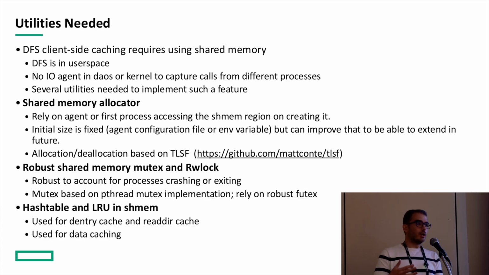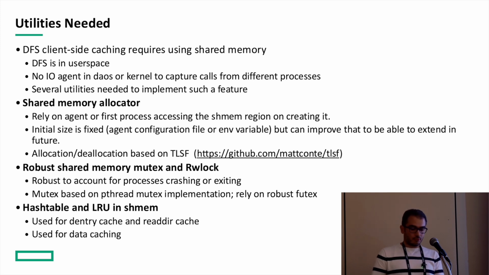The idea is to have the DAOS agent first create the shared memory region when it starts, and destroy it when the agent exits. Today, the implementation actually has the first process accessing it create it, and it's later destroyed, but that implementation will change.